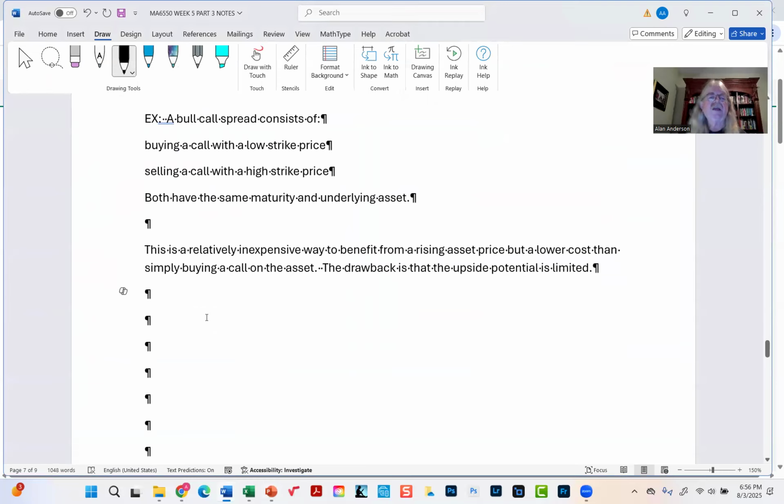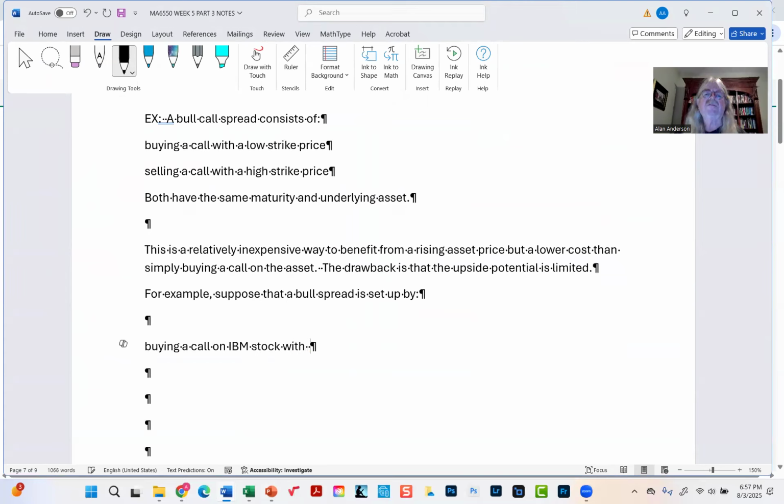So, for example, suppose that a bull spread is set up by buying a call on IBM stock with a strike price of 50, and selling a call on IBM stock with a strike price of 53, both maturing on September 1st.